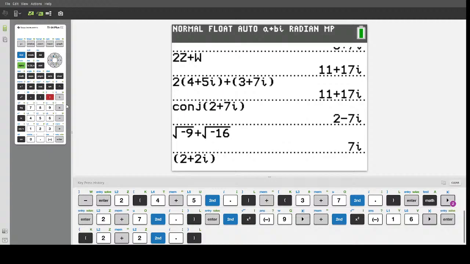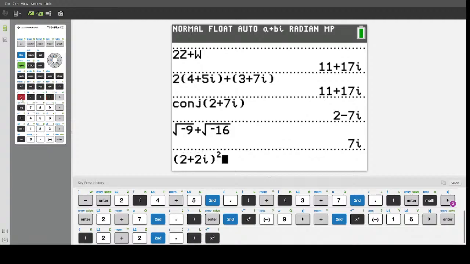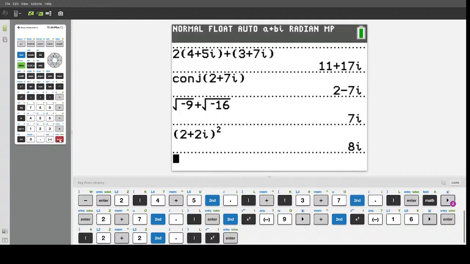Now for all squared, you can either use the exponentiation function, in which case you have to put 2, or you can just use the squaring function right away, and you press enter. This gives us 8i.